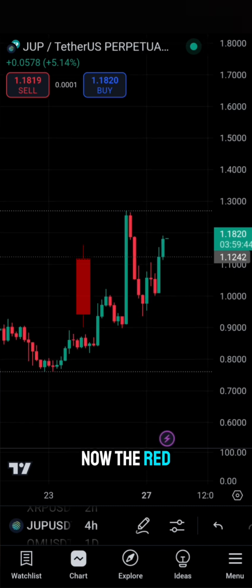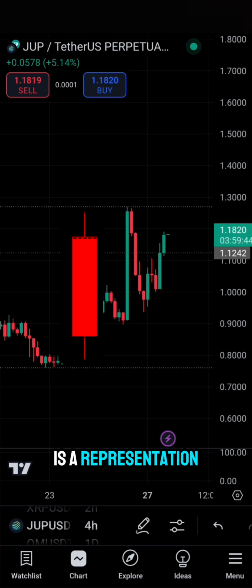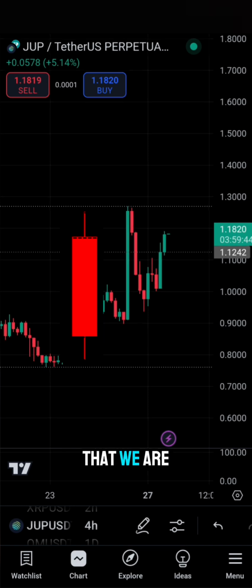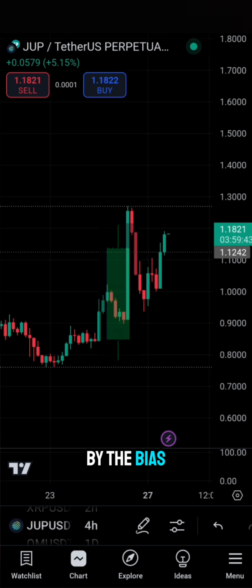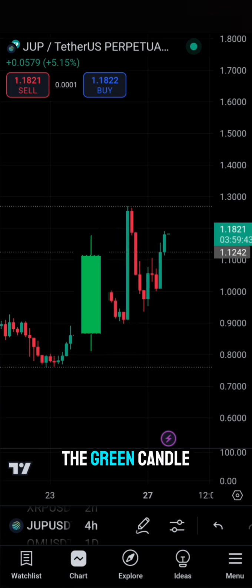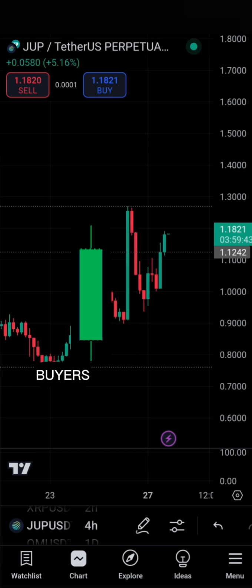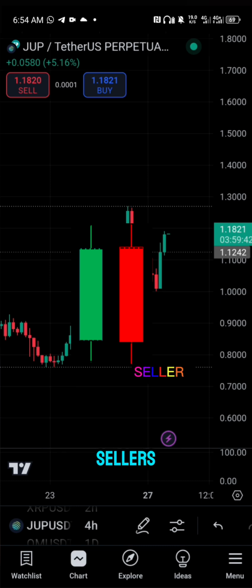Now, the red candle is a representation of a trading session that was dominated by the sellers. And the green candle is a candle that represents a trading session which was dominated by the buyers. In simple terms, the green candle represents the buyers and the red candle represents the sellers.